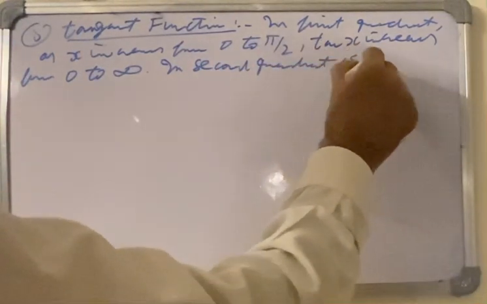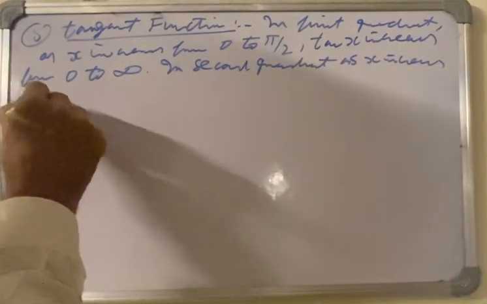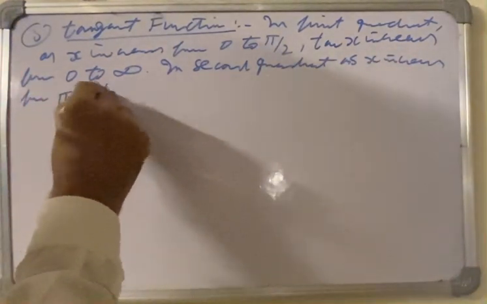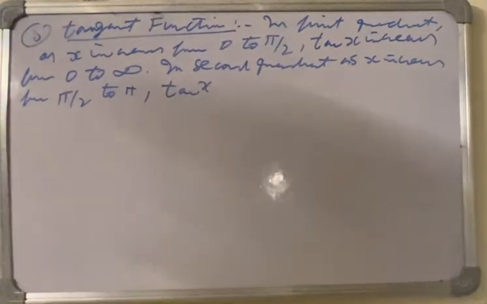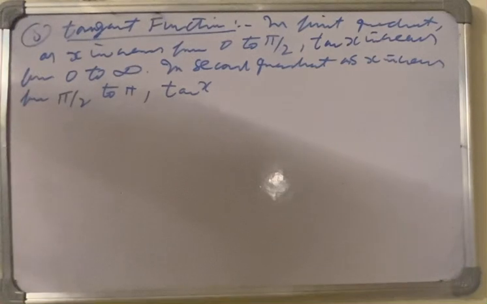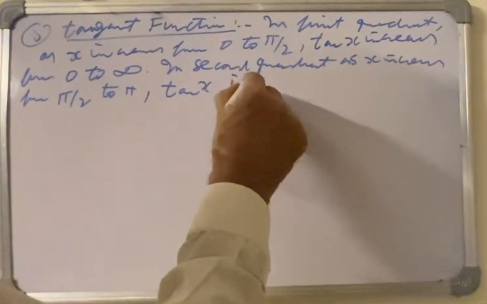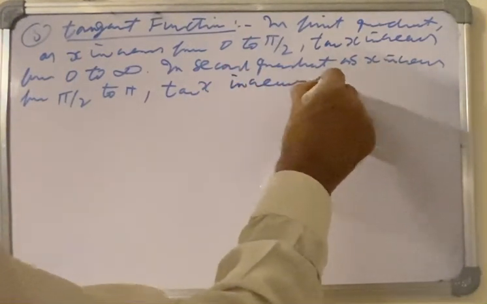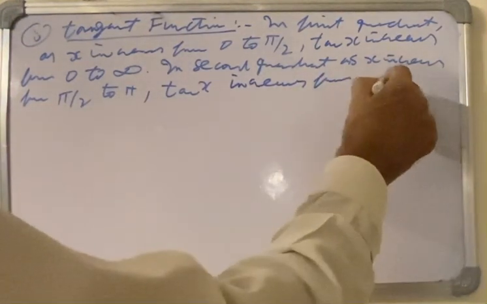In second quadrant, as x increases from pi by 2 to pi, then tan x increases from minus infinity to 0.